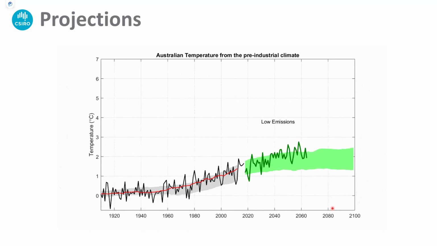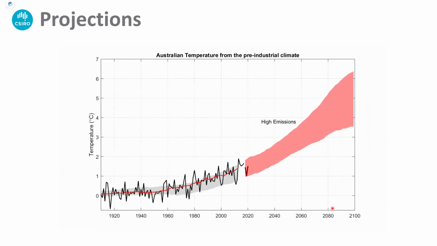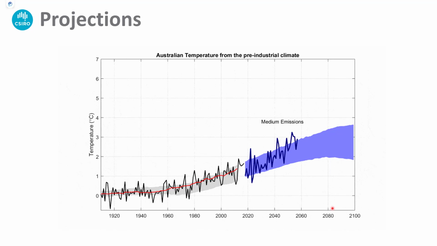There will always be a range, and I'm showing you this plot because each of these lines is the simulation produced by one of the many climate models that we use, and you can see that there's a difference even within a given emission scenario. You get a different sequence of years depending on which model run you look at, and that's just a fact of life. We can't predict exactly how this is going to play out, so we talk instead about the mean state of the climate, the range of change, and what's plausible looking forward into the future.